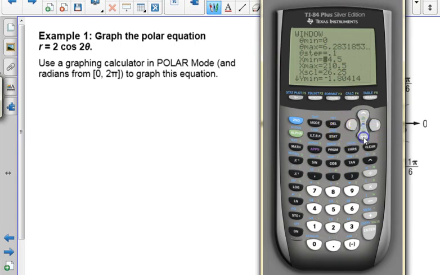All right, our x min and max, I'm going to do -5 to 5 by 1s and -5 to 5 by 1s. And then I think in a minute here I'm going to want to do a zoom square, which will make it look better, but I'm just going to graph it.